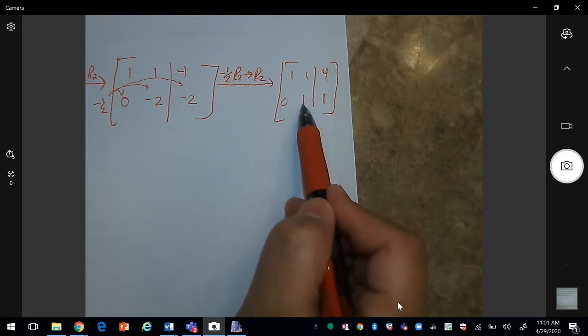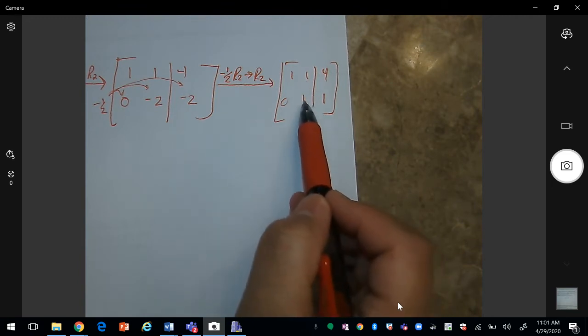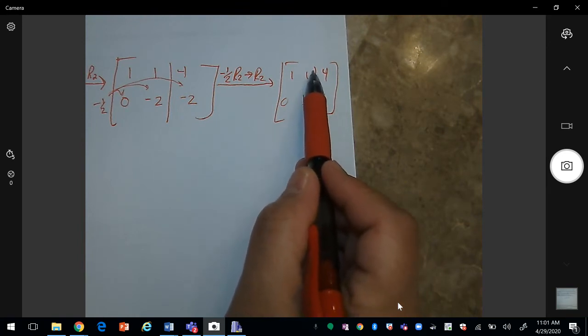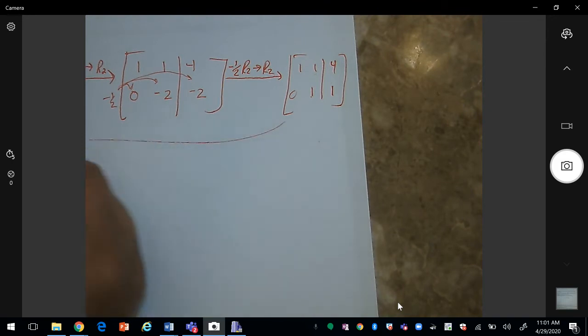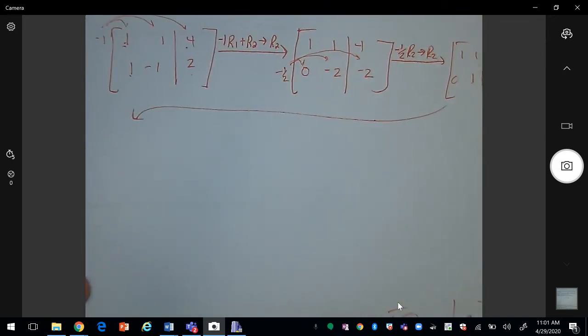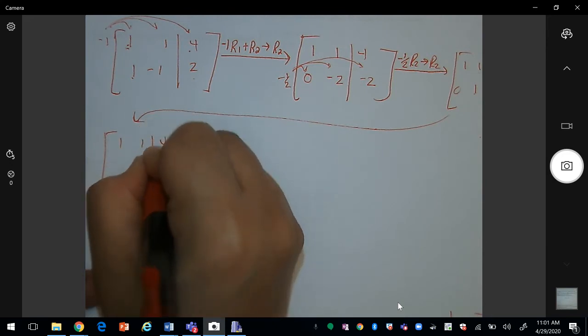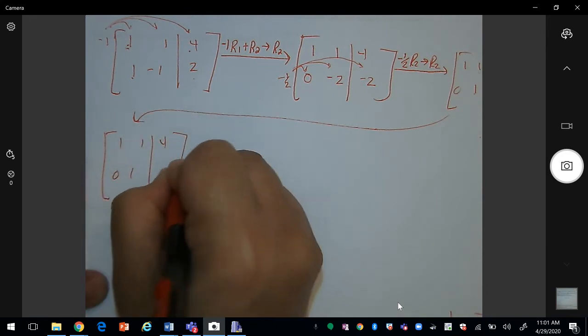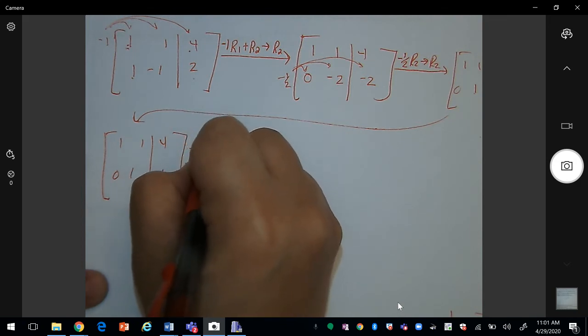So now we're going to use this one to make everything above it and below it 0. In this case, we only have stuff above it, so I need to make this a 0. So I'm going to go ahead and just come down here so we can have more space. So my matrix was 1, 1, 4, 0, 1, 1. So I'm going to multiply -1 times row 2.